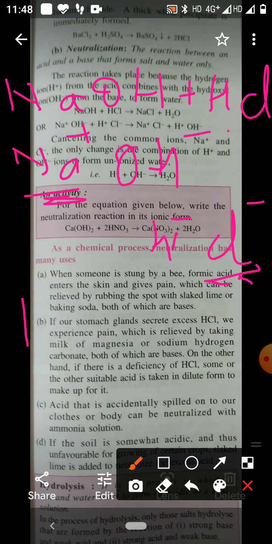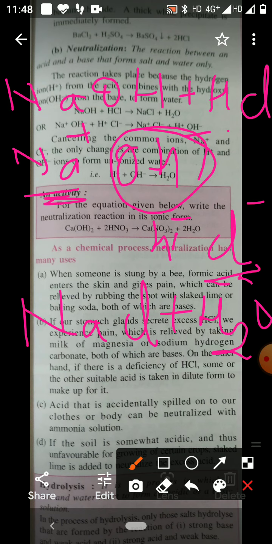They give the product sodium chloride. The hydrogen ion of the acid and the hydroxyl ion of the base combine together to produce water. So in the neutralization reaction, the products are salt and water. Sodium chloride is the salt and H2O is water.